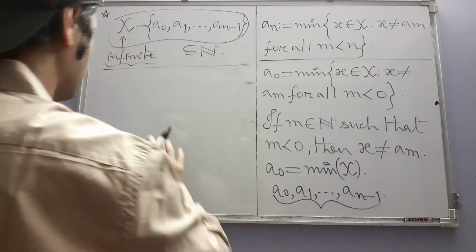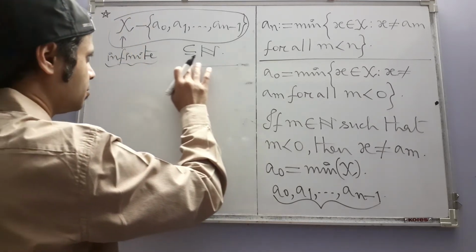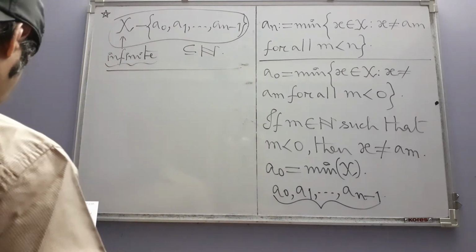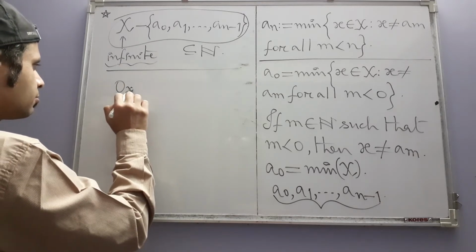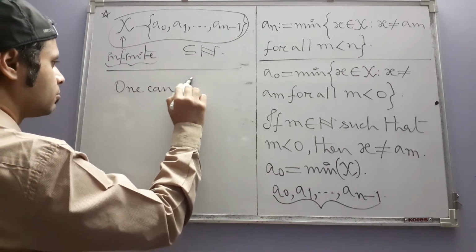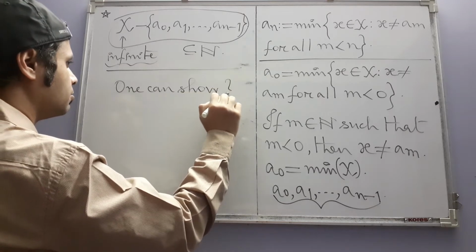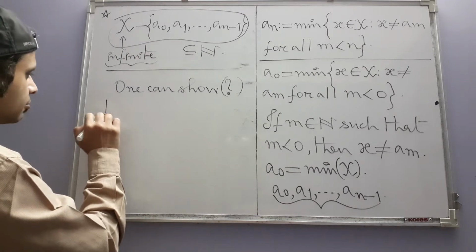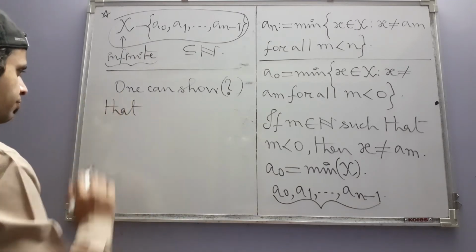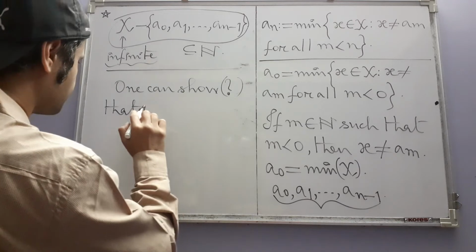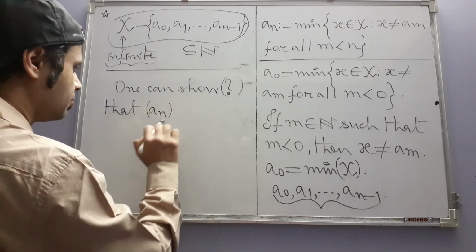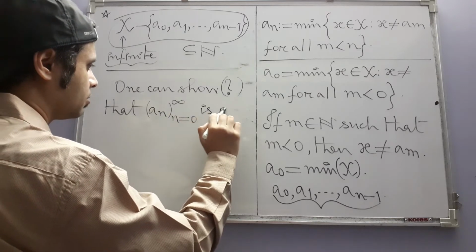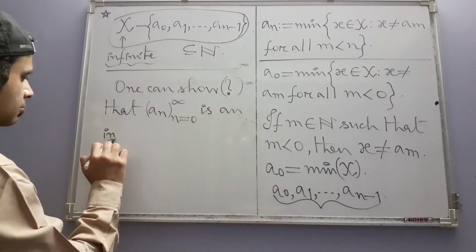But now come those parts where we will have question marks. One can show, this is how a professor writes, that our sequence an is an increasing sequence.